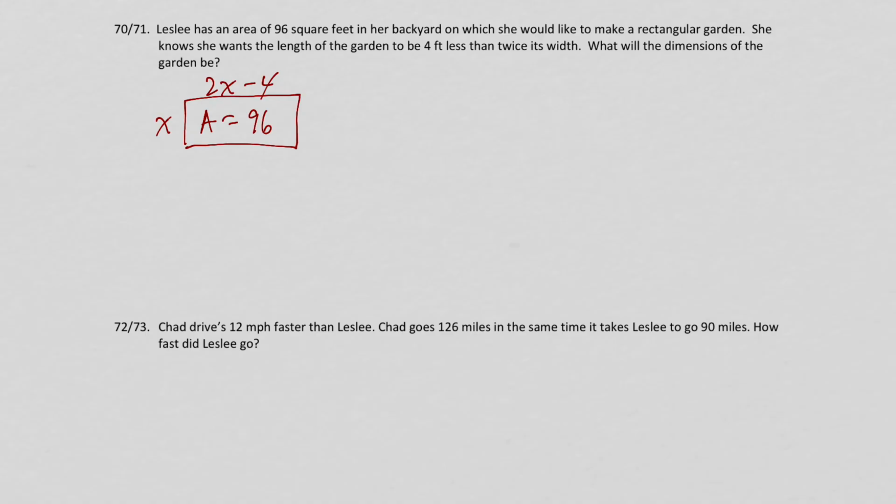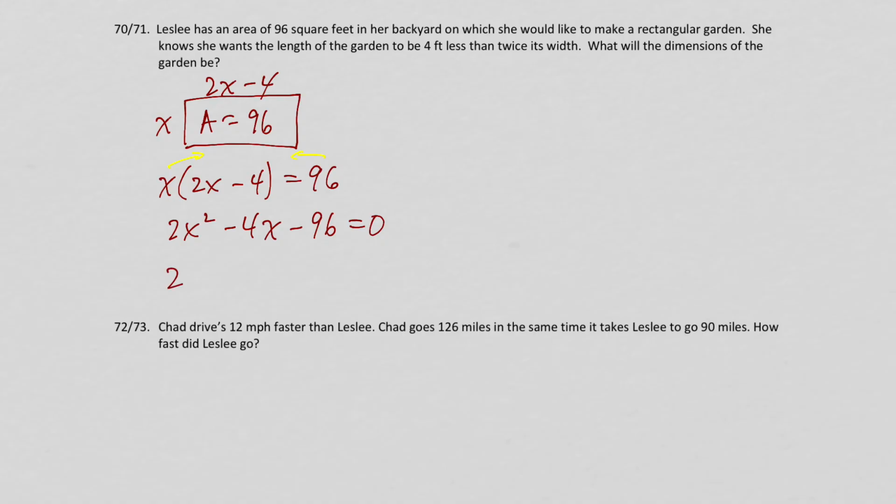Well, a rectangle area is length times width. So x times 2x minus 4 must be equal to 96. I'll distribute this x, and I'll get 2x squared minus 4x, and then I'm going to bring this over in one step. So this becomes minus 96 equals 0.